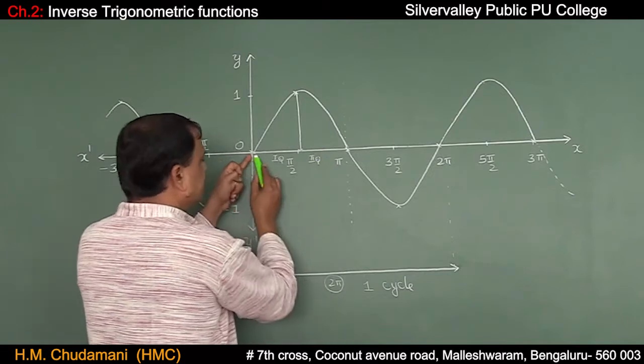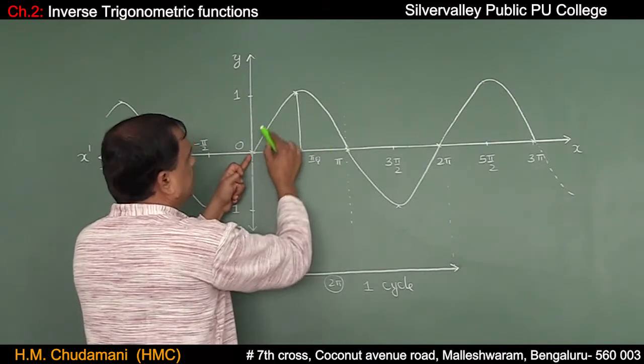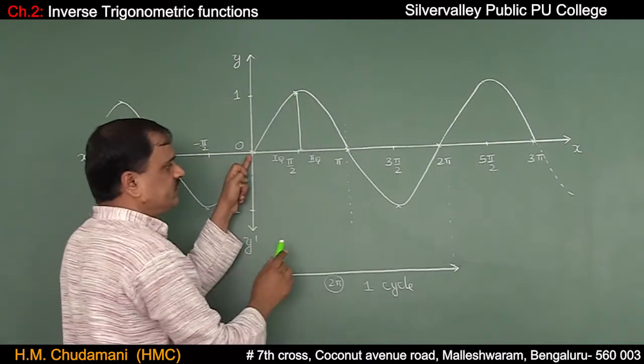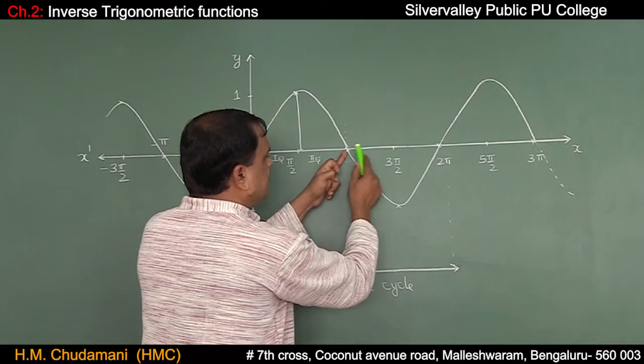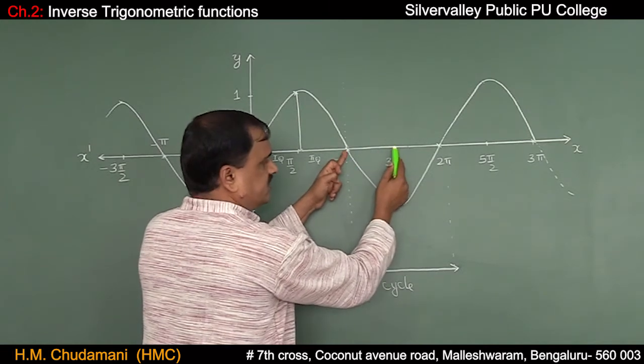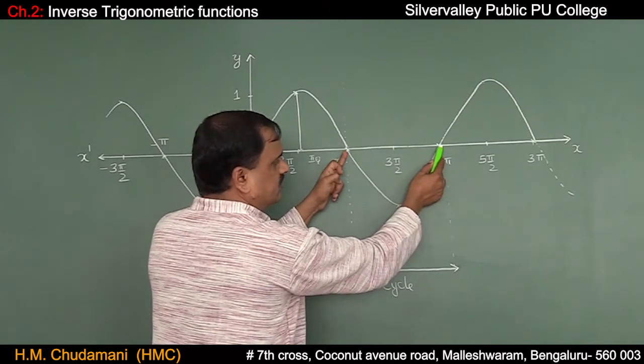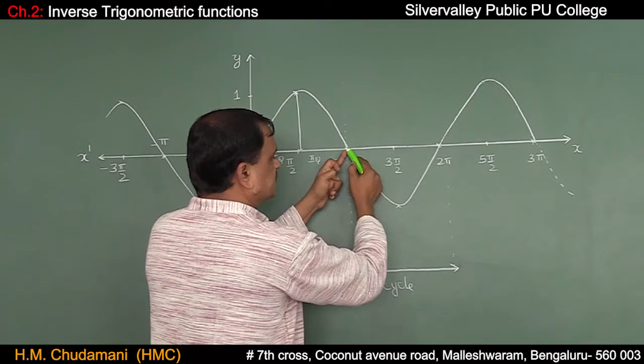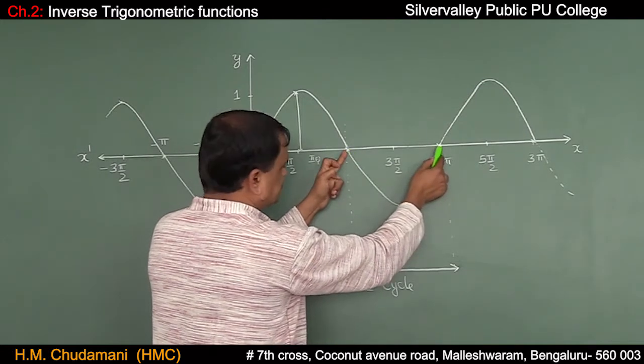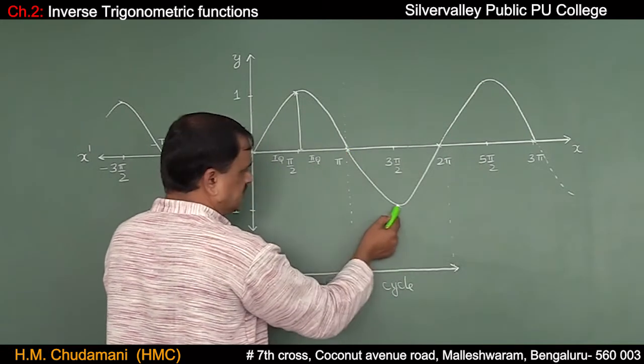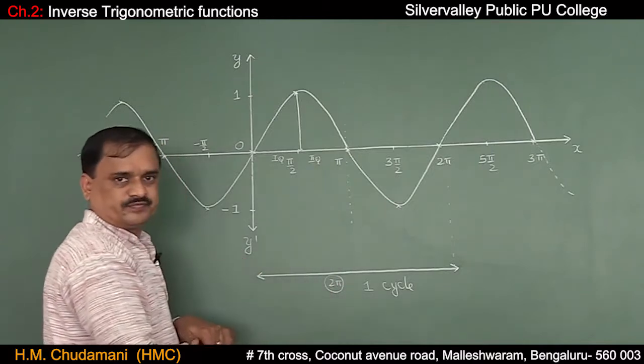From 0 to pi, it takes a maximum of 1. Pi to 3 pi by 2, third quadrant. 3 pi by 2 to 2 pi, fourth quadrant, from 270 degree to 360 degree. So, the minimum here is minus 1.